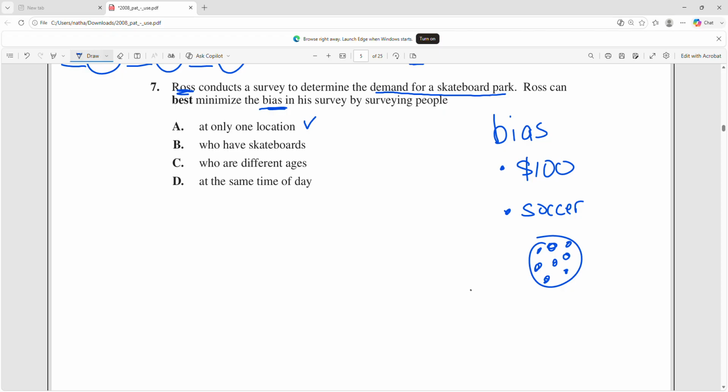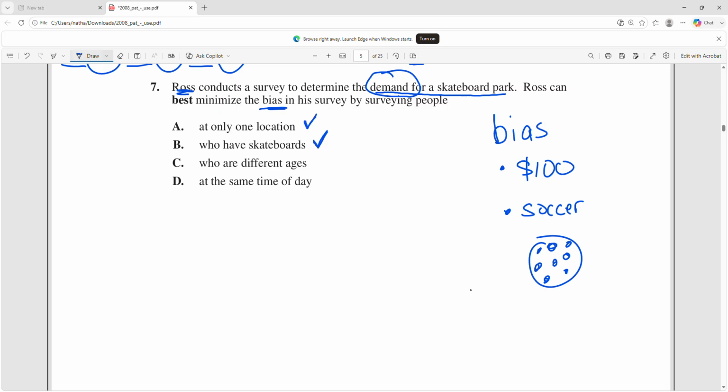If he only asks people who have skateboards, it will seem like everybody wants to go to the skateboard park. This is not necessarily a survey specific to skateboarders, although it kind of would make sense to survey skateboarders. But if you're maybe looking for demand in the neighborhood or in the city as a whole, this could create a bias.